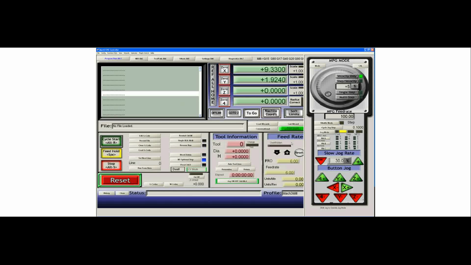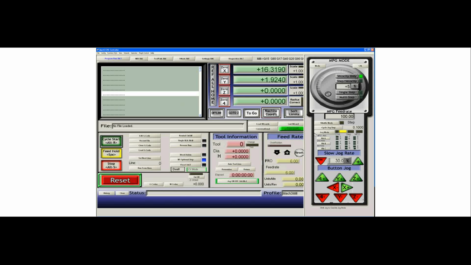The first is when it's simply sitting on continuous and you jog, and you can see that my speed goes to about 36 because I'm running at 30% of maximum speed. If I hit the shift key, note the light beside the jog mode. It lights up to tell you that that is fast jog when you hit the shift key. If I hit the shift key and then jog, you can see now I'm going at full speed of 120 units per minute.